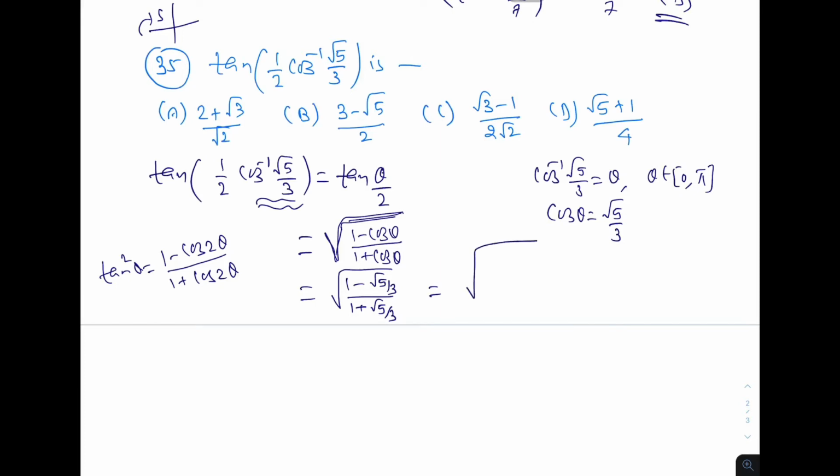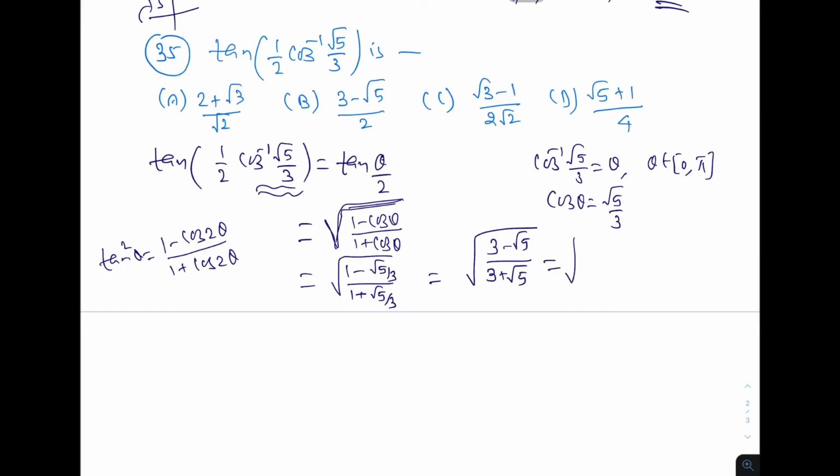This is equal to root 3 minus root 5 upon 3 plus root 5. And if we rationalize, 3 minus root 5, 3 plus root 5, into 3 minus root 5, 3 minus root 5.